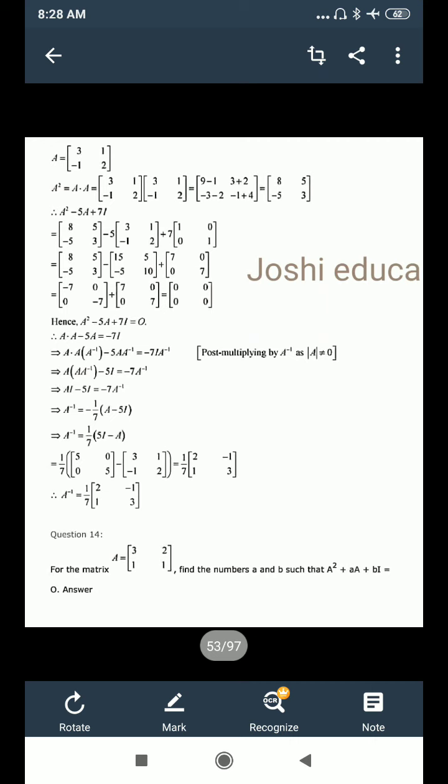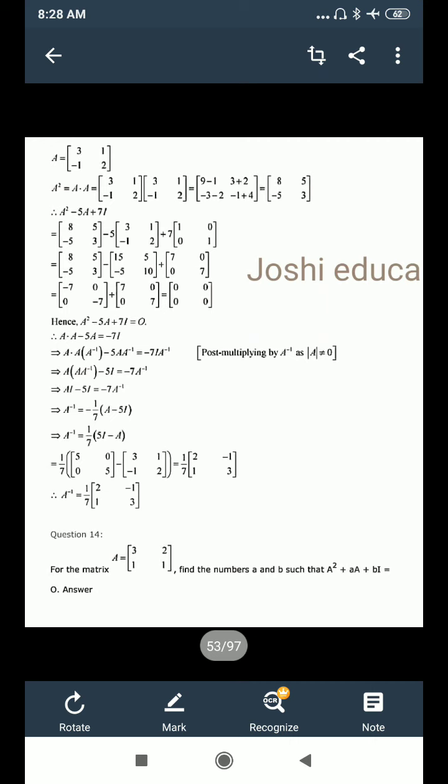In this, most of the students commit one mistake. After proving it, they calculate A inverse using the normal method, by calculating adjoint of A and dividing it by determinant of A. So take care of this.